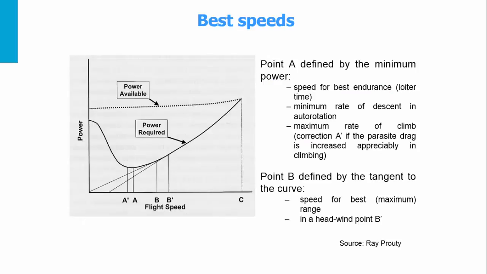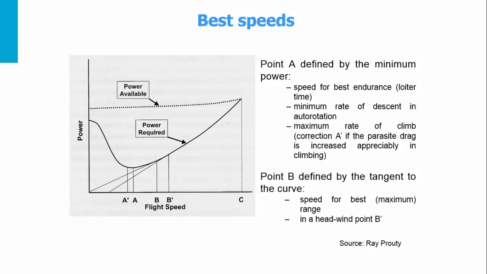The best speeds that can be defined in this curve: point A is defined by the minimum power and corresponds to the speed for best endurance, loiter time. Also, it corresponds to the minimum rate of descent in autorotation.